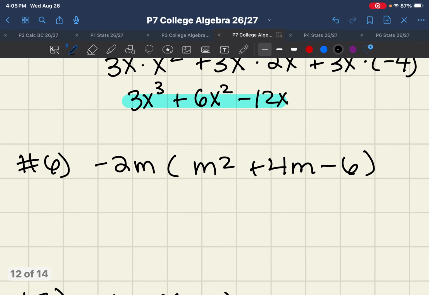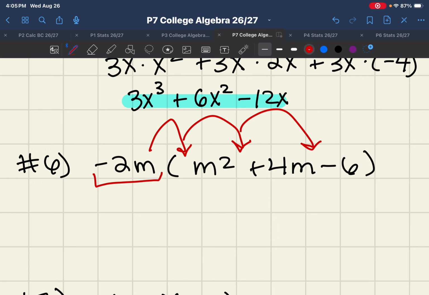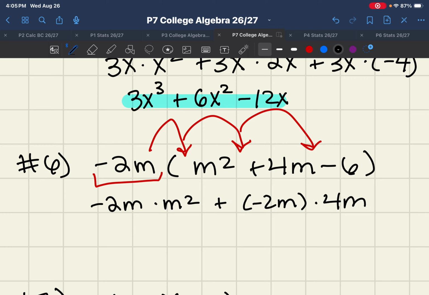Same thing in example 6. I'm going to distribute the negative 2m, and I need to make sure that I distribute the entirety of negative 2m. The sign will go with it. So I have negative 2m times m squared plus negative 2m times 4m. Anytime I have a negative, it's just safe to put it in parentheses.